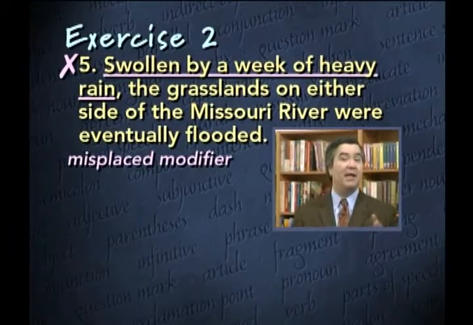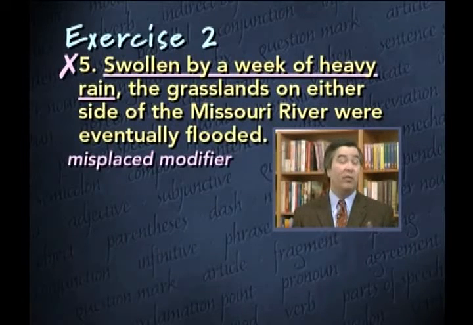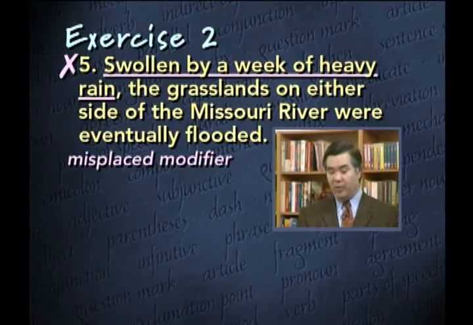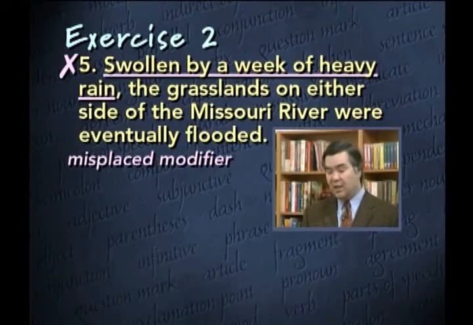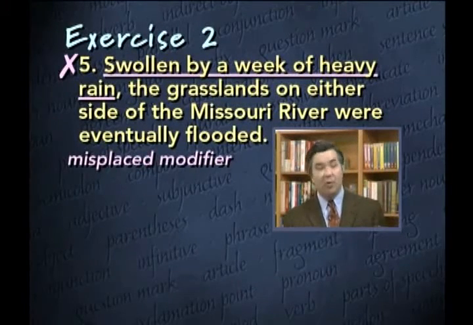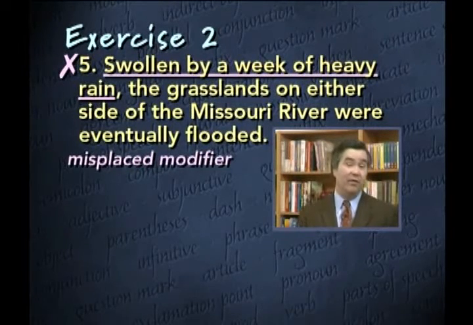Swollen means to make bigger or fuller. And after a week of heavy rain, a river would indeed become swollen. It would become bigger and fuller with water, which is why it would eventually overflow its banks and flood the grasslands on either side. So that modifying phrase, swollen by a week of heavy rain, ought to be right next to the Missouri River.